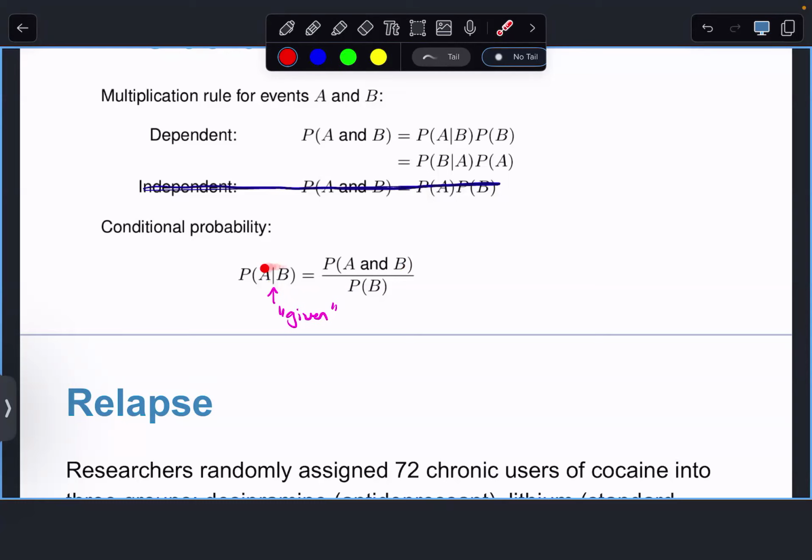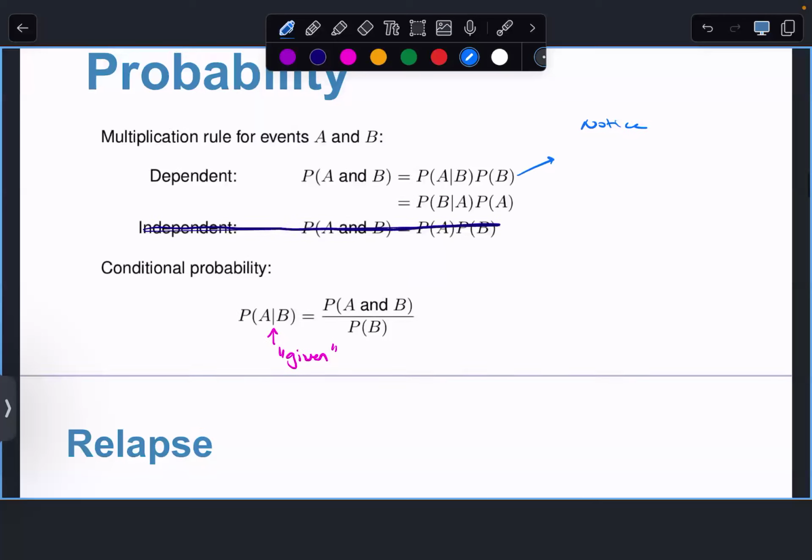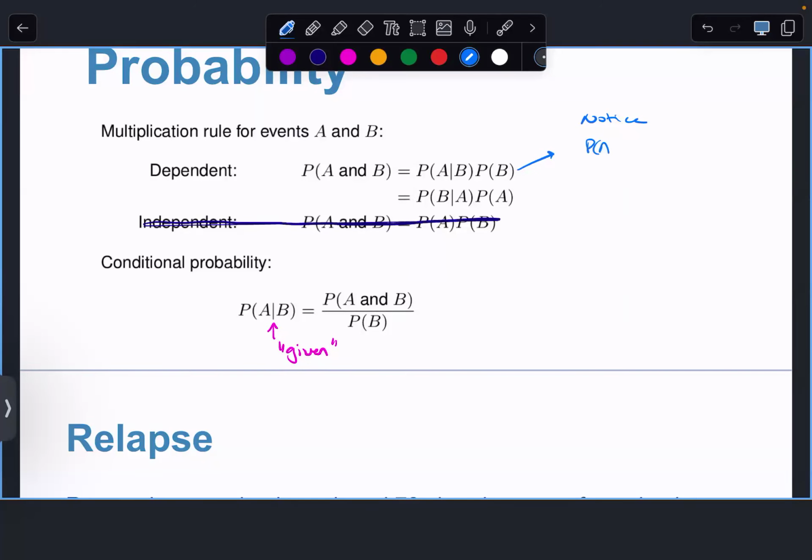Why is this formula the same as this? Notice if we write it out, the probability of A and B is the probability of A given B times the probability of B. If I solve for the probability of A given B, I divide both sides by the probability of B, and then switch the sides around the equal sign.